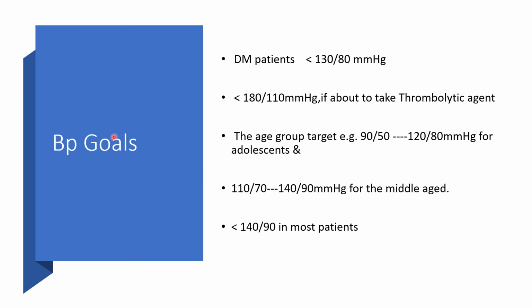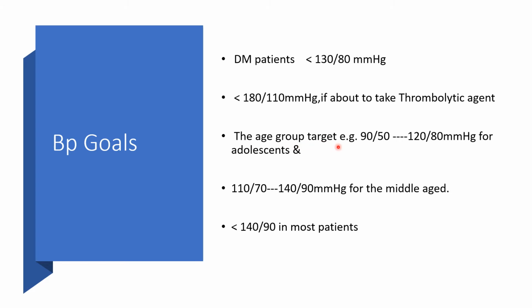Now, the blood pressure goals when it comes to treatment: in a diabetes mellitus patient, the BP must be less than 130 over 80 millimeters of mercury, then less than 180 over 110 if the individual is about to take a thrombolytic agent. Okay. Then the age group target.